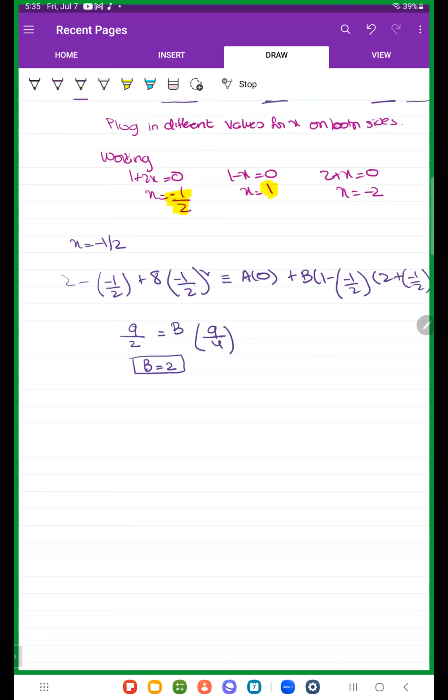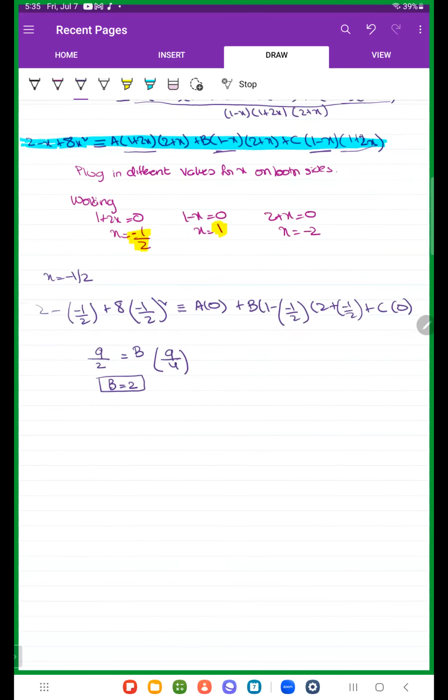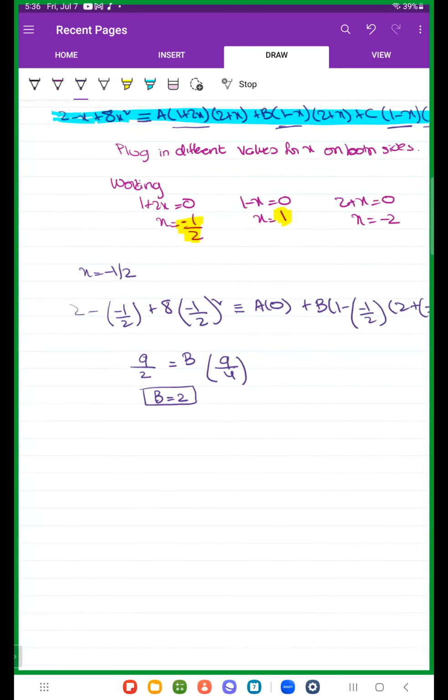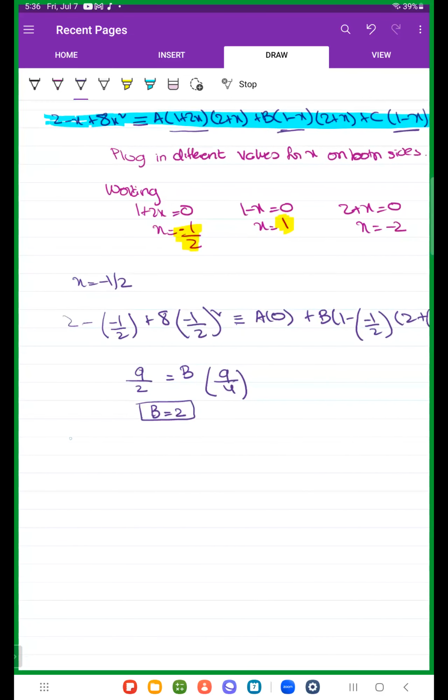Okay. So now let's solve for A. I have 2 minus 1 over here on this side plus 8 into 1 squared is equal to A into 1 plus 2 into 1 and 2 plus 1. And this B becomes 0 and C also becomes 0, so we do not need to write them.